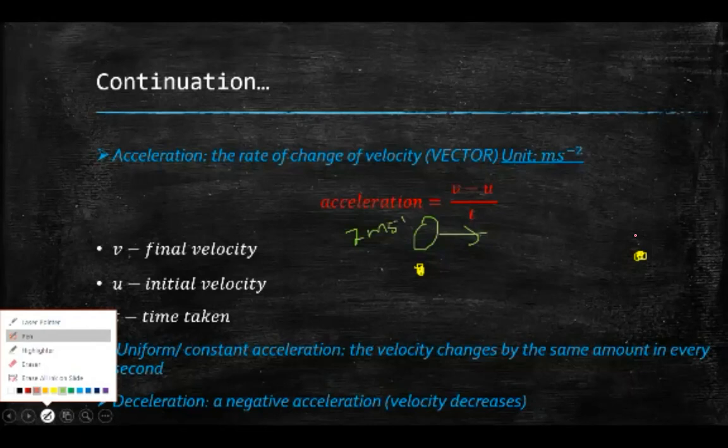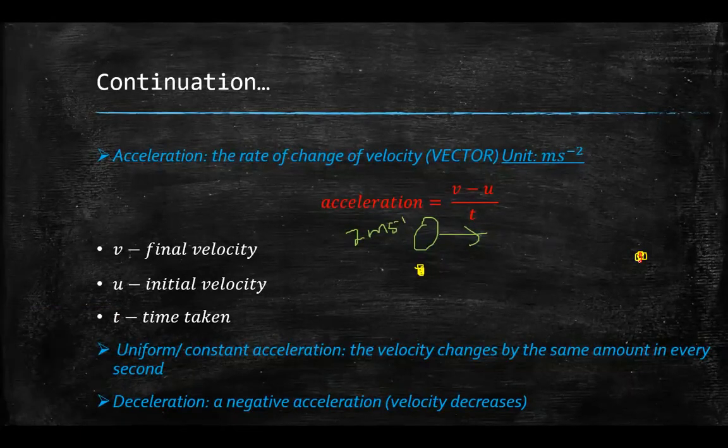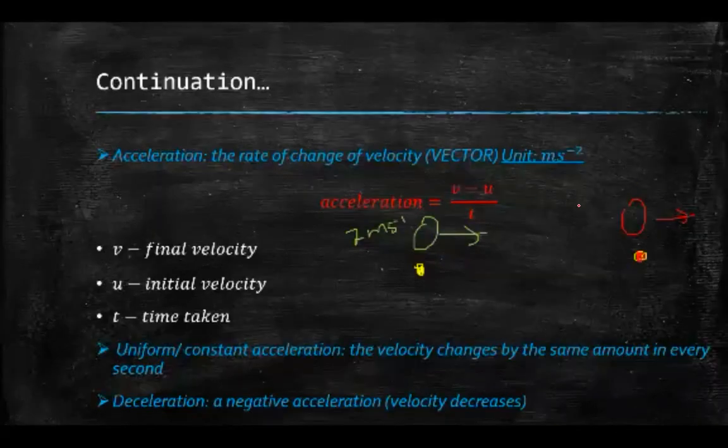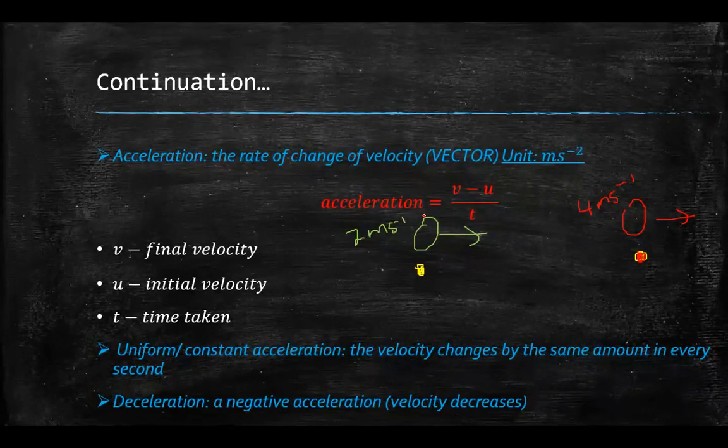But then when we checked at this point, let me just put a red point, it was actually 4 meters per second. And we said, since 4 is bigger than 2, there was a change in velocity. And if I have a change in velocity, then I have an acceleration, which means that this car is actually speeding up, or getting faster and faster.